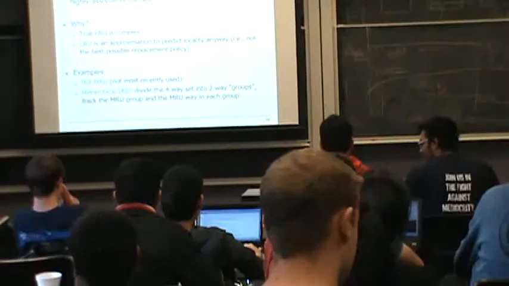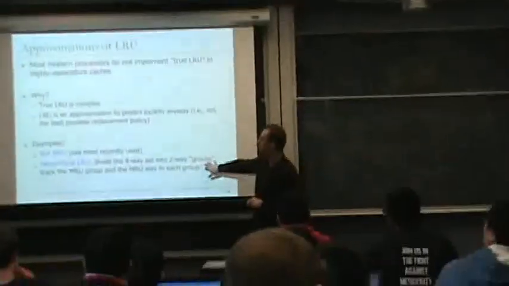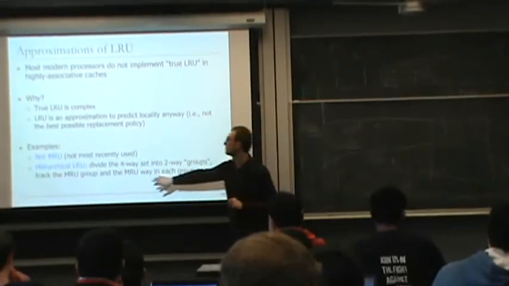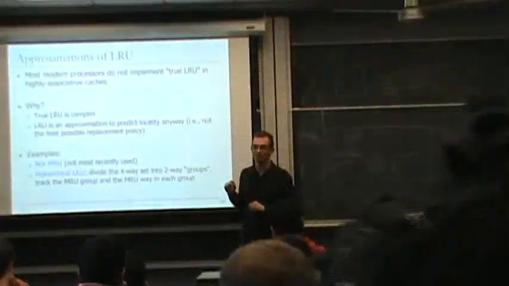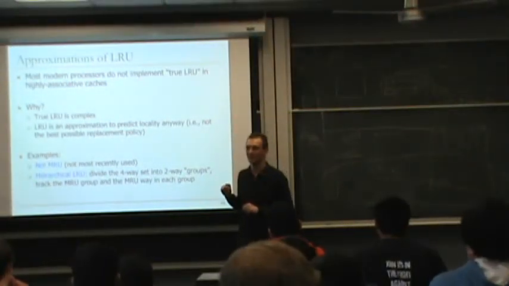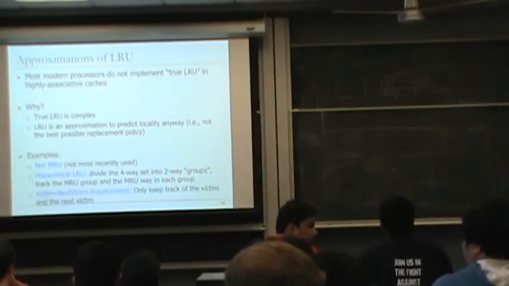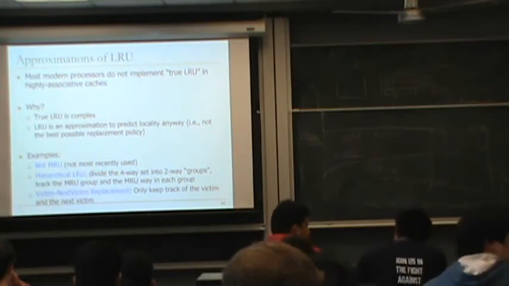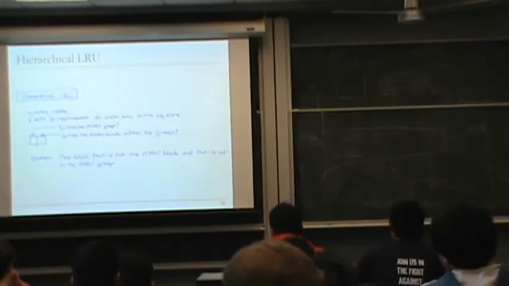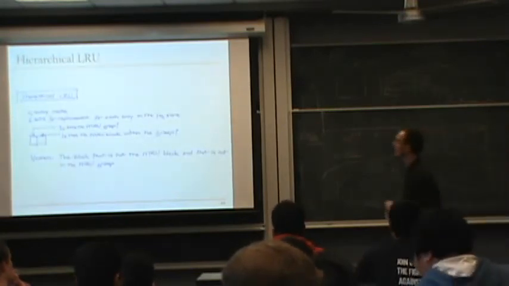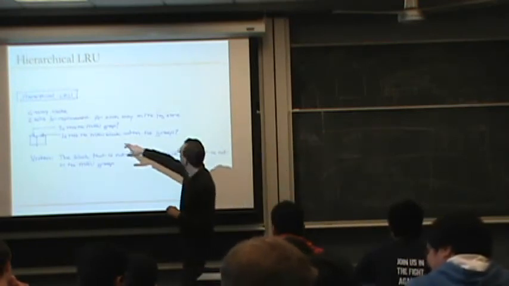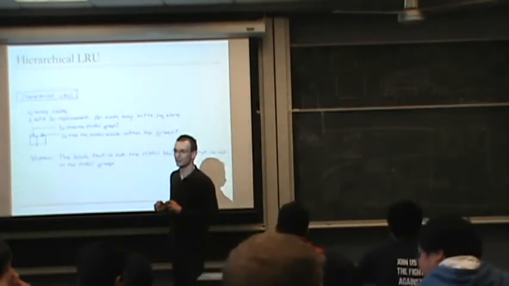In a four-way cache, you divide the four-way set into two-way groups, if you will, and you track the MRU group and the MRU way in each group. That's the idea. I like the victim, next victim better, actually, but you can look at this hierarchical LRU. You have 2 bits for replacement for each way in the tag store.